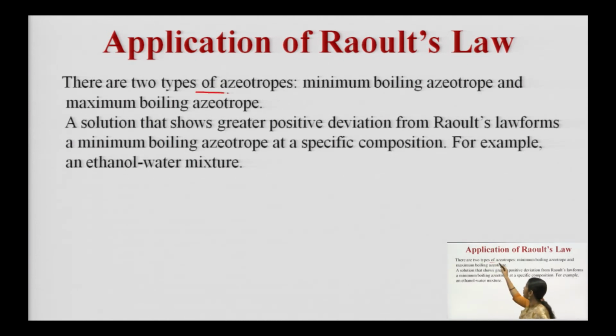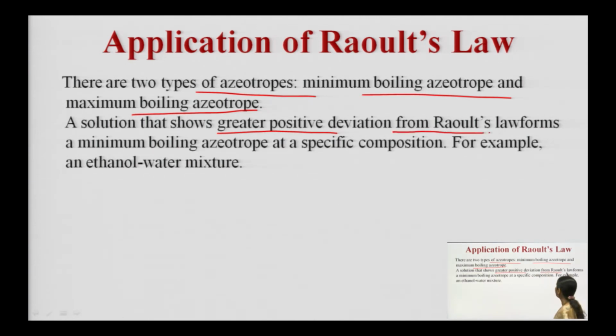Two types of azeotropes can be there: minimum boiling azeotropes and maximum boiling azeotropes. A solution that shows greater positive deviation from Raoult's law forms a minimum boiling azeotrope at a specific composition. Minimum boiling azeotropes, what happens?